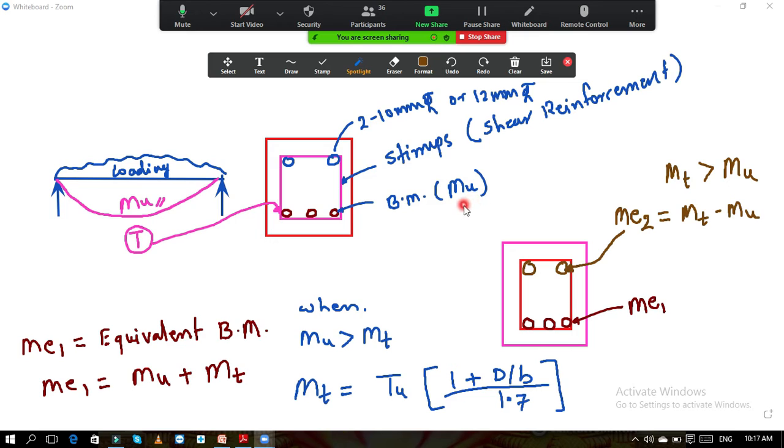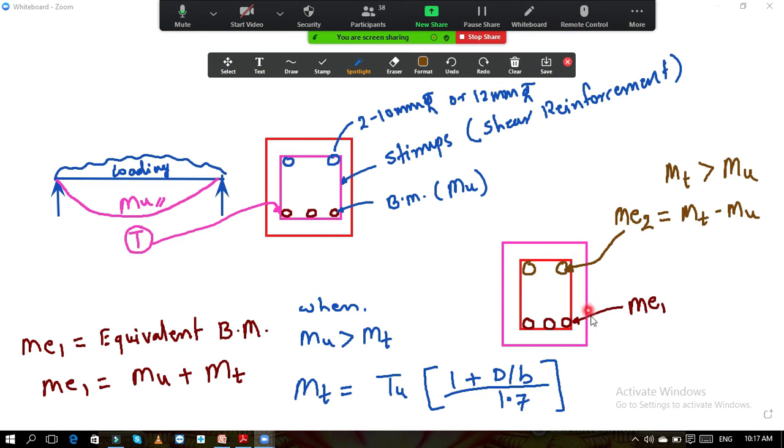This bending moment we may calculate as WL square by 8 or by different coefficients, and for that bending moment, by using the formula of Ast, we provide these bars. If it is a singly reinforced section, then at the top we usually provide 2 bars of 10 mm or 2 bars of 12 mm. If it is a doubly reinforced section, then at the top we also provide the area of steel in compression, which you have already studied. This is the case of a normal beam.